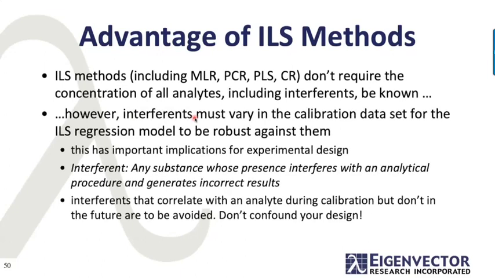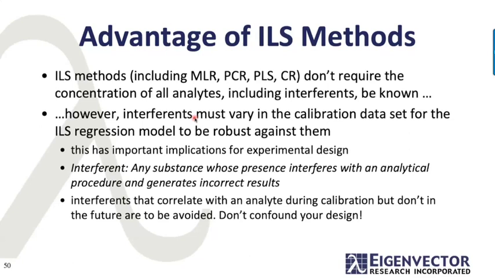But those other interferences must vary in the calibration data set in order for the inverse least squares regression method to be robust against them. And we actually talked about this when we talked about collecting data to make the calibration model. We already made this point, but I'm just making it again here.